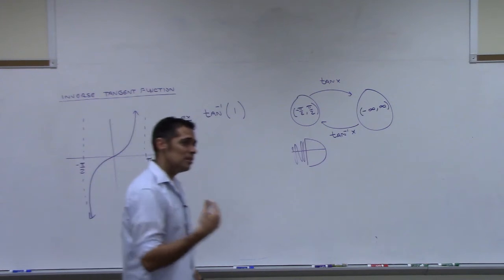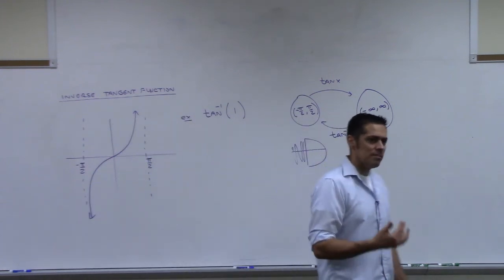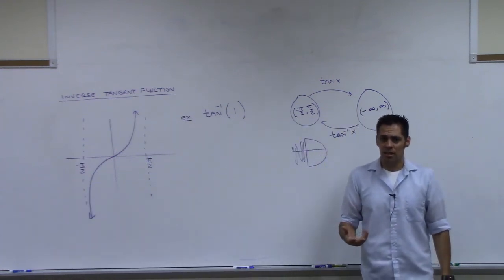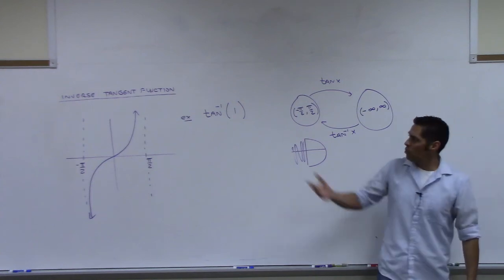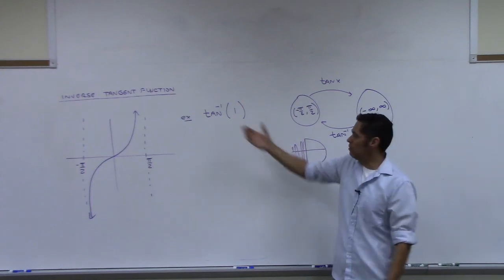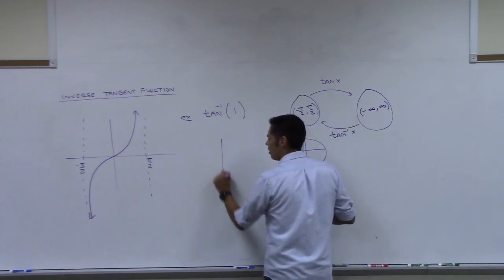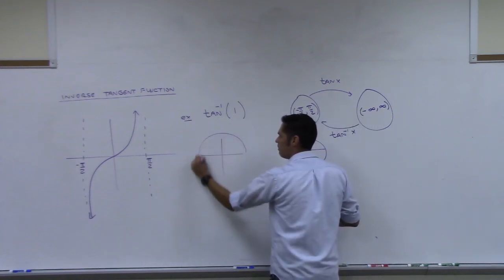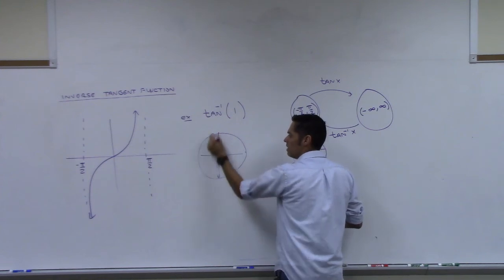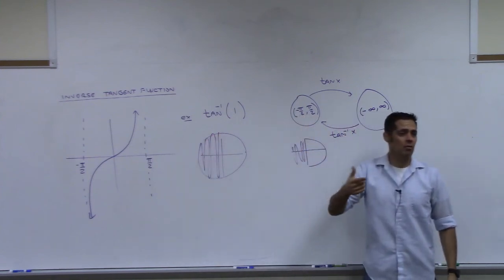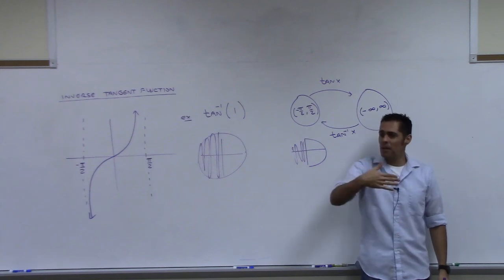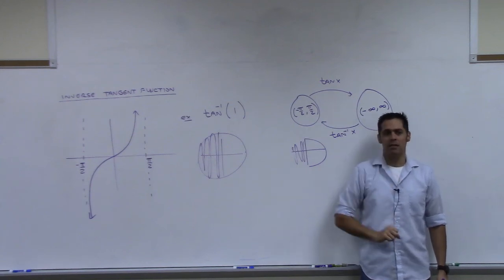And with cosine we looked at the x-coordinate. But tangent by its definition is the y-coordinate divided by the x-coordinate. So what this is really asking you to do is look on your unit circle, do not look in these quadrants, and tell me where the ratio of the y-coordinate divided by the x-coordinate is 1.